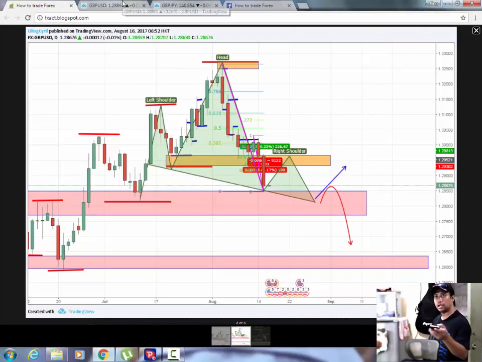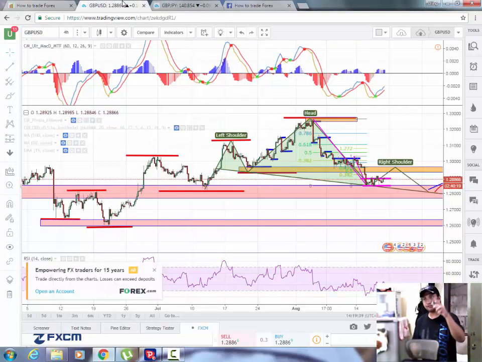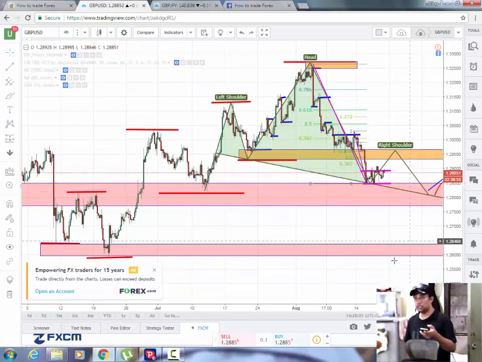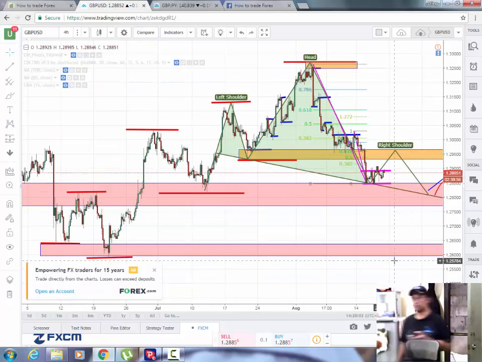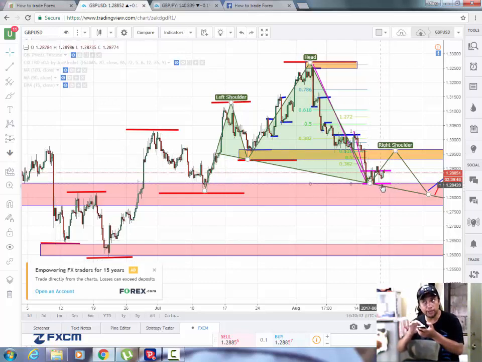If we visit the GBP/USD as of today, you can see it is currently doing something. I'm really waiting for the market to reach this roof before I make a trade.